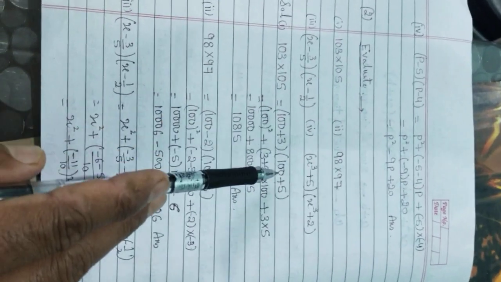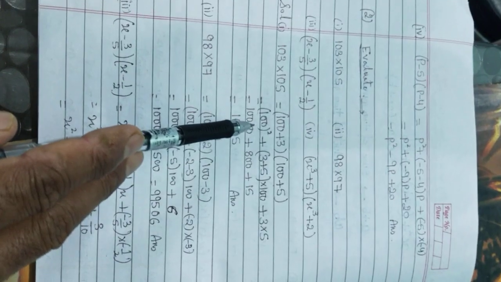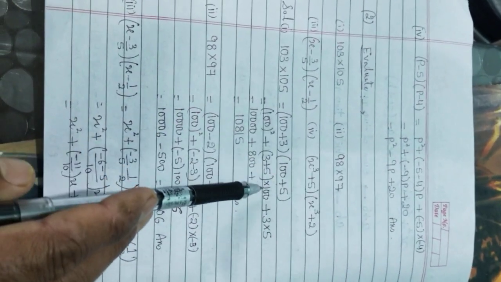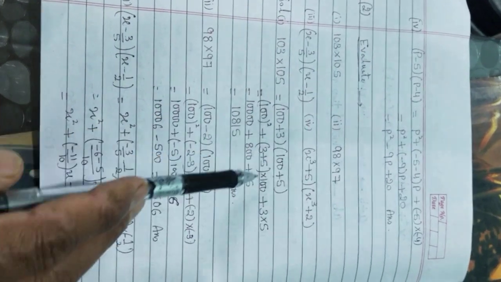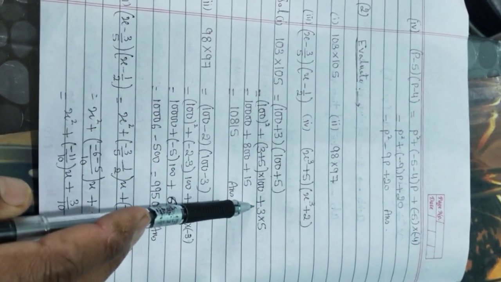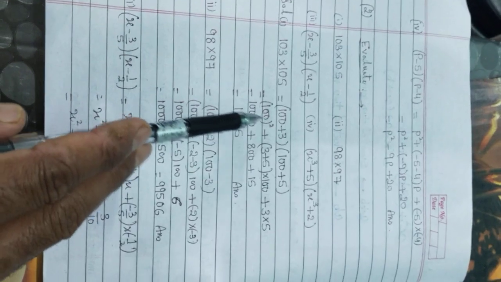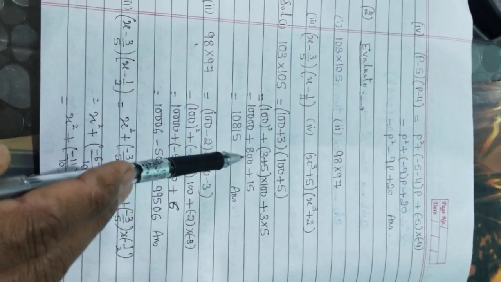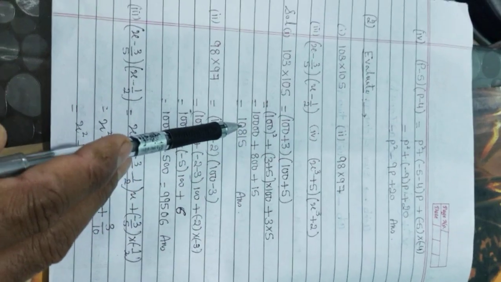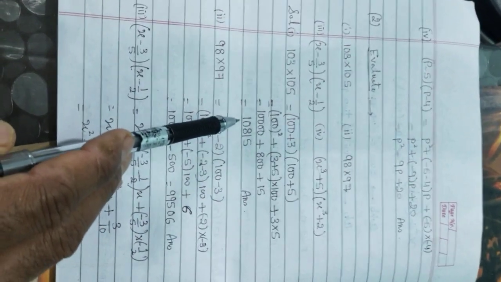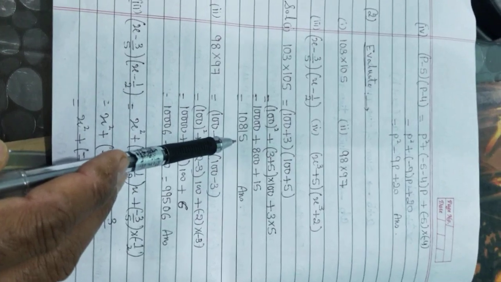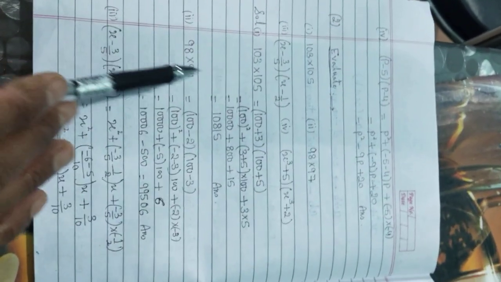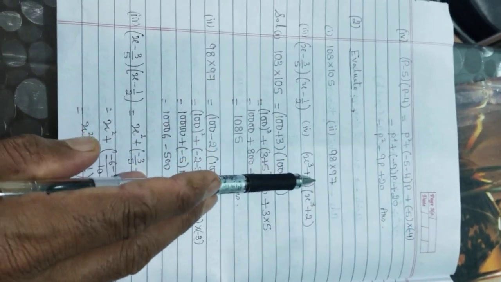So using the fifth identity, x square, 100 whole square, plus (a plus b, 3 plus 5) into 100, which is x, plus 3 into 5. 100 whole square means 10,000, plus 3 plus 5, 8 into 100, 800, plus 15. So their sum is equal to 10,815.